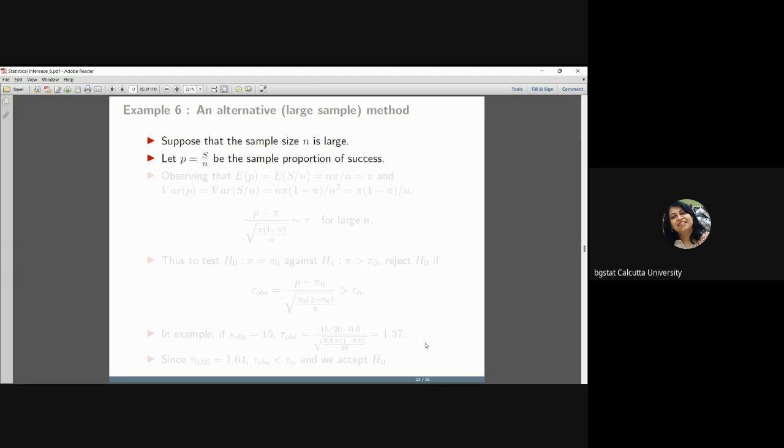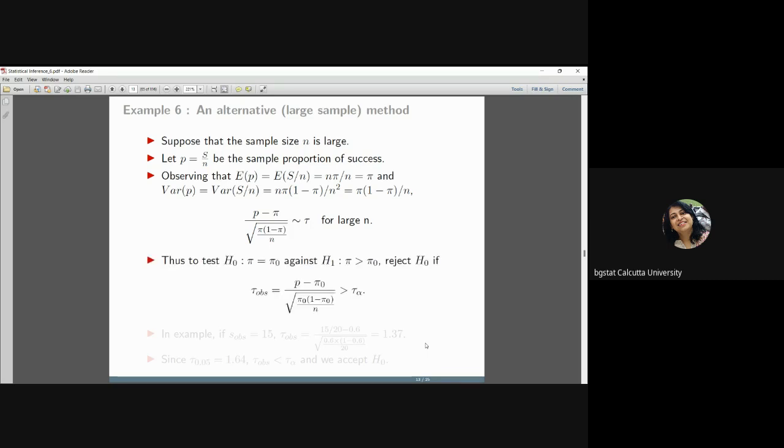There is another way to test for the binomial proportion, which you can use if the sample size is large. S is the total number of successes in a total of n trials. So P equal to S by n is the sample proportion of successes.